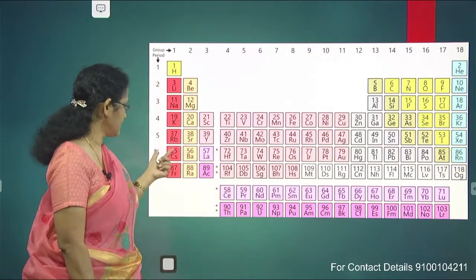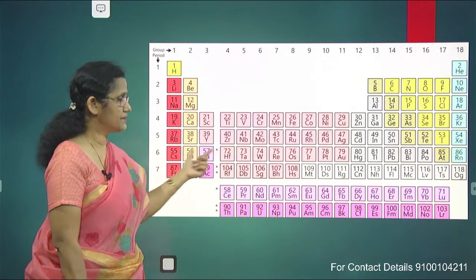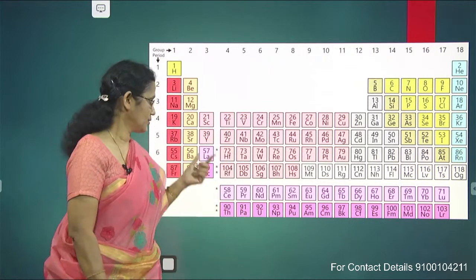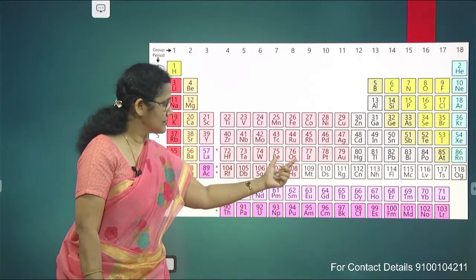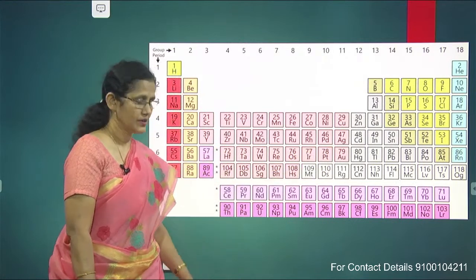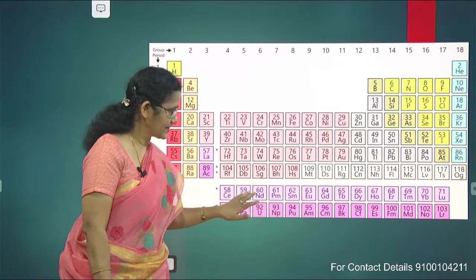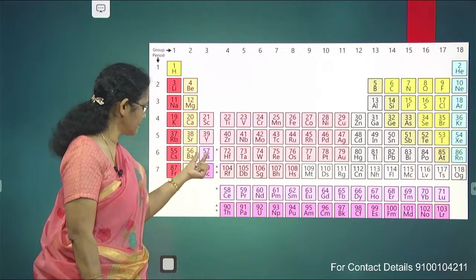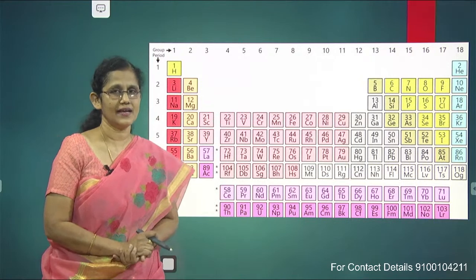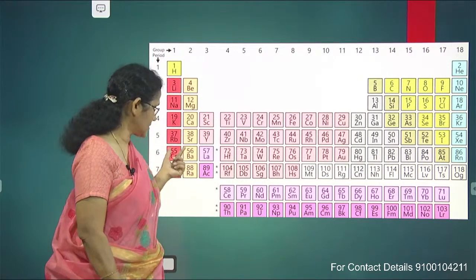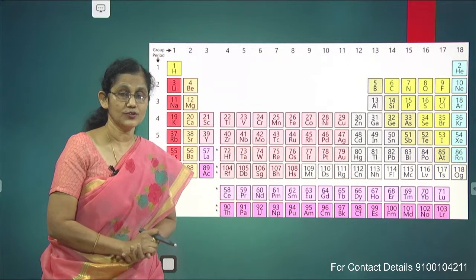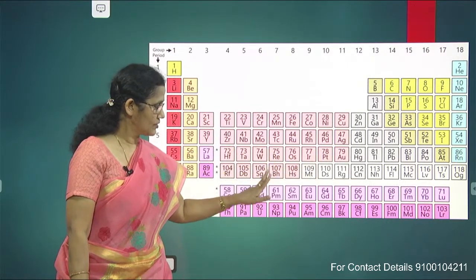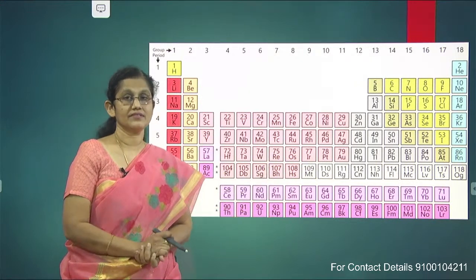Next, the sixth period is the longest period in the periodic table. How many elements? 2 in S block, 10 in D block, 6 in P block and 14 lanthanides, the F block elements. The 14 lanthanides should be placed along with lanthanum. So the sixth period has 32 elements, and it is the longest period.